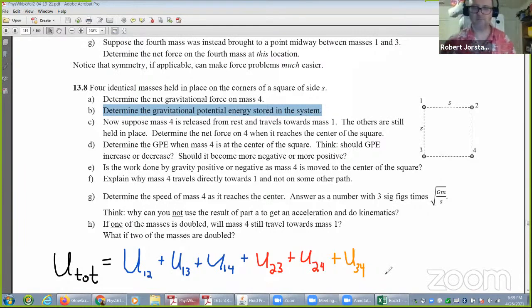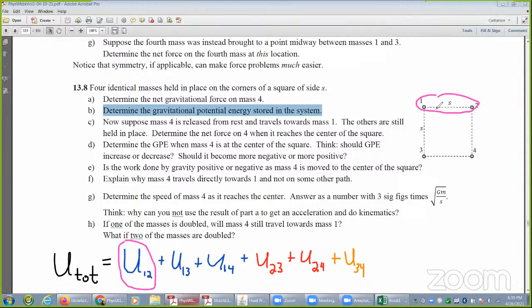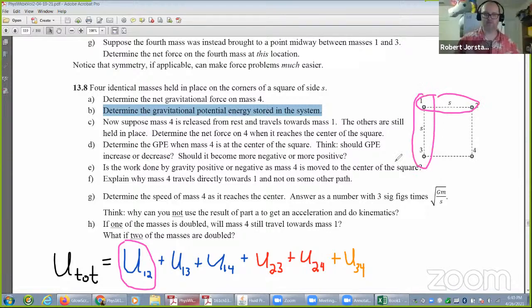Question. Which of these 6 terms are going to be of the same size? Are there any others that are the same size as 1, 2? 1, 3. I agree.